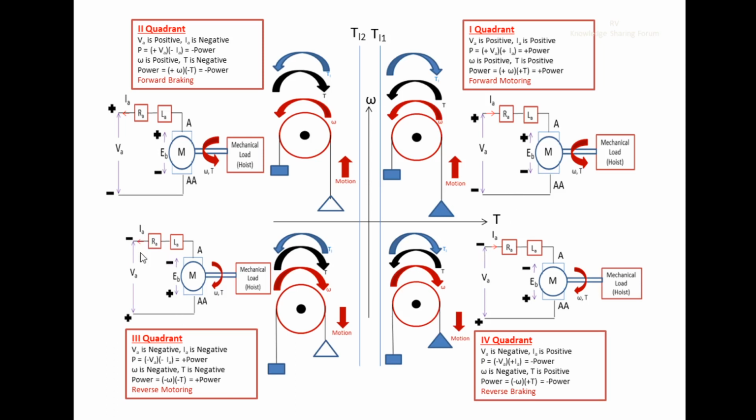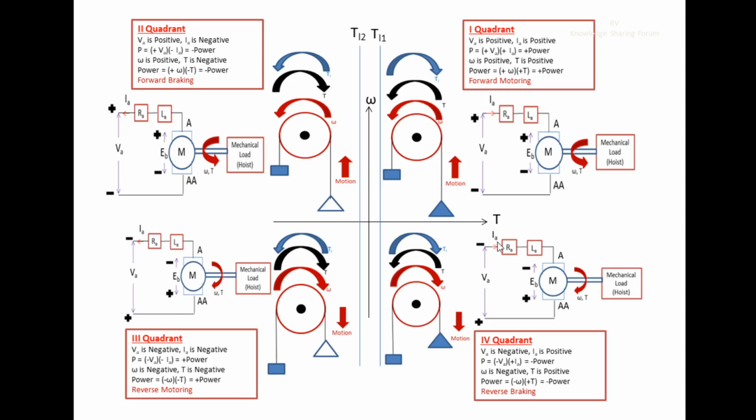So in this reverse motoring, the direction of the current is in this way. If I reverse this current towards this direction, I can obtain the torque reversal, because torque always depends on the direction of the current. So I can achieve the torque reversal, or the reverse torque, or the braking torque, by reversing the current.